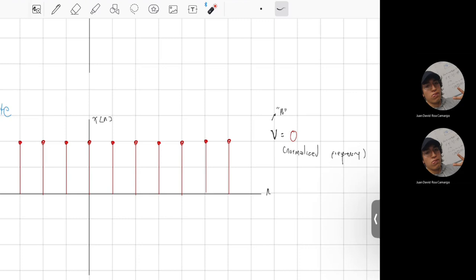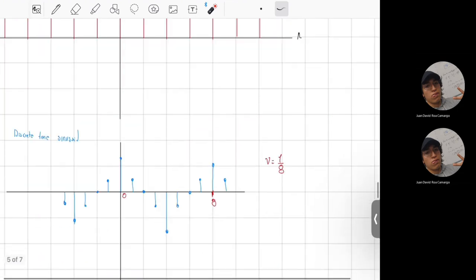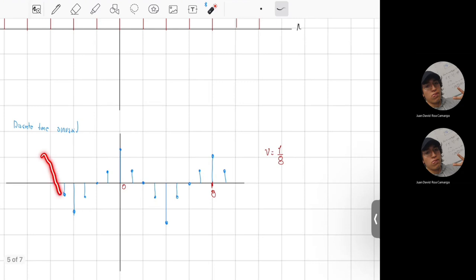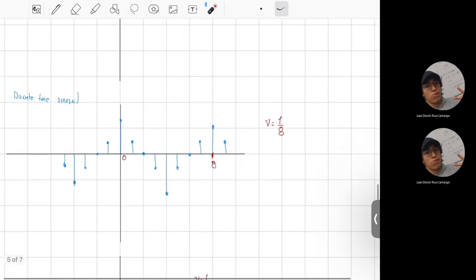And this is normalized frequency. In this case, as we can see, this has the same value, so the value is 0, but it acts a bit differently. For example, we produce a sinusoidal signal, and as we can see, the time it requires to reach the same thing is longer than just 1, so the frequency decreases.